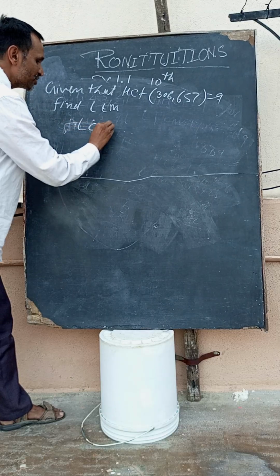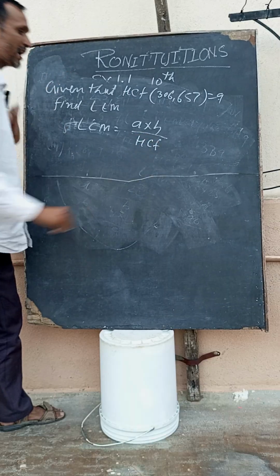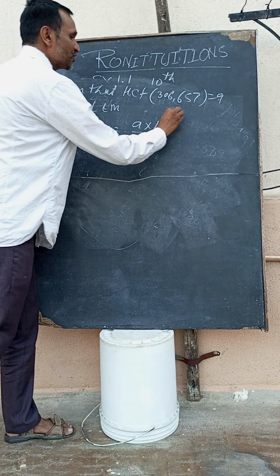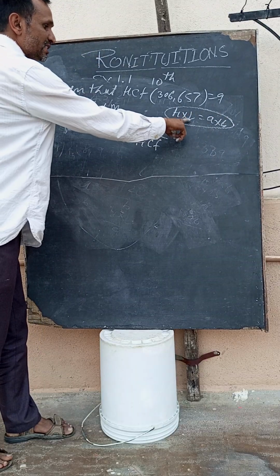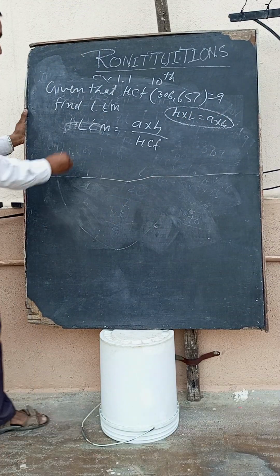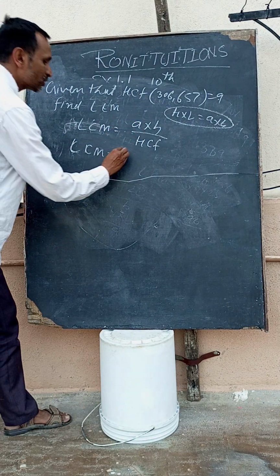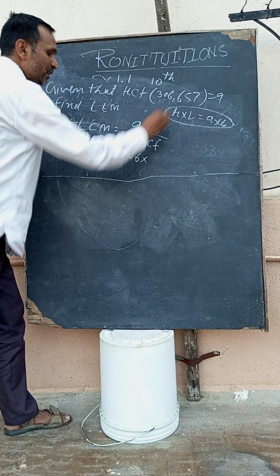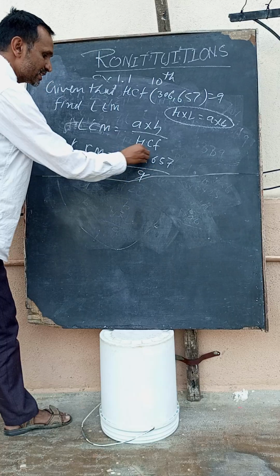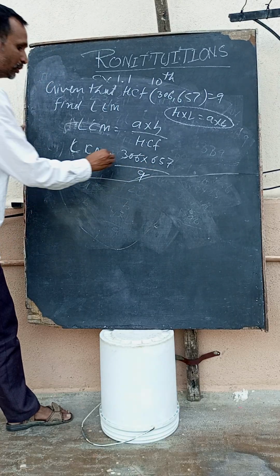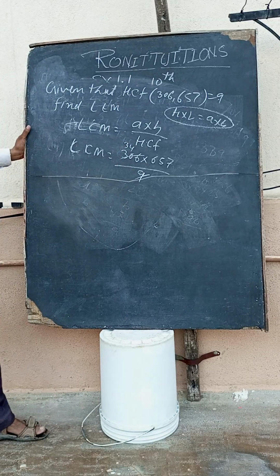LCM is equal to A into B by HCF. I wrote HCF into LCM is equal to A into B. This is the main formula. From that, LCM is equal to A into B by HCF. So LCM is equal to 306 into 657 by the HCF, 9. We can cancel this: 9 threes are 27 and 9 fours are 36, so 306 divided by 9 is 34.